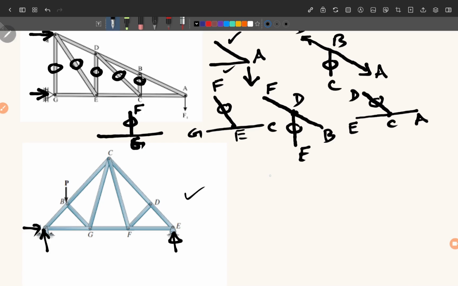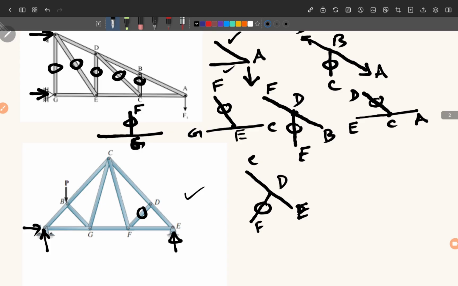We come to joint D. Okay, joint D has this member DF here, and here we can identify easily that this is DE, this is DC, so therefore FD will be equal to 0 because DE and CD are in a straight line.